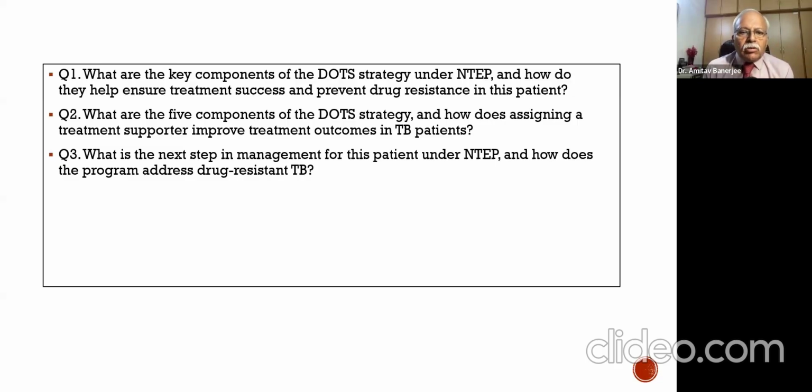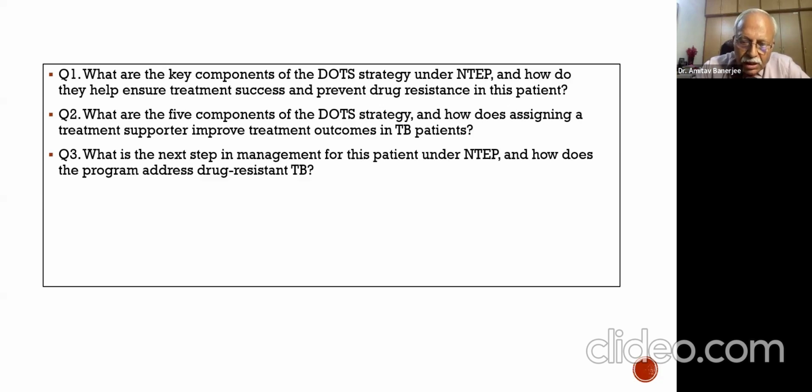And what is the next step in management of the patient under the National Tuberculosis Elimination Program, and how does the program address drug resistance? Here, the third point is the limitation. In this case study, the patient was diagnosed with CB-NAAT. As I discussed in my presentation, CB-NAAT only detects rifampicin resistance. It does not give the profile of other drugs. So suppose the patient is resistant beyond rifampicin, even to the first-line drugs, they may likely have treatment failure.